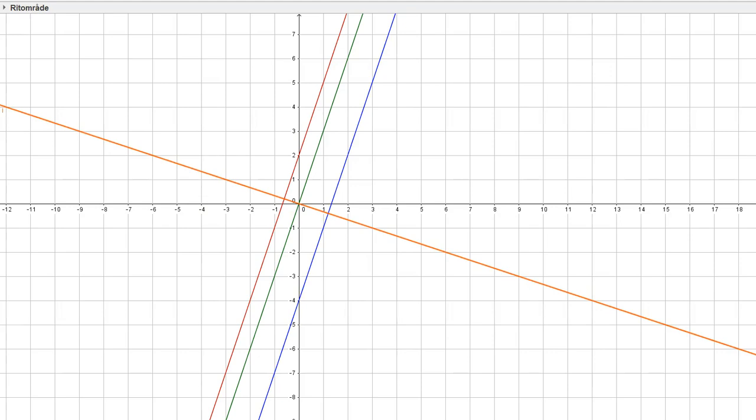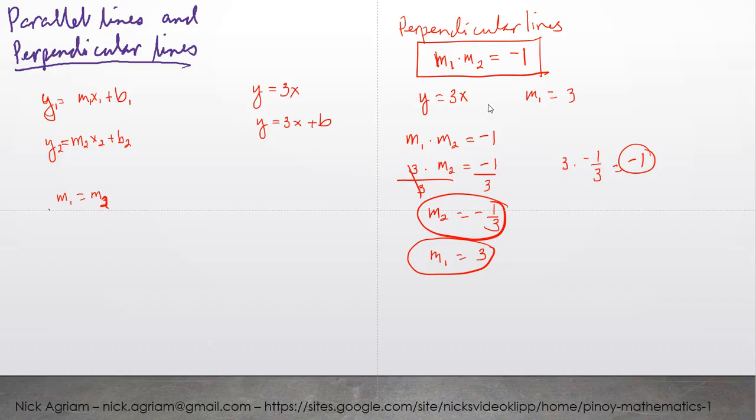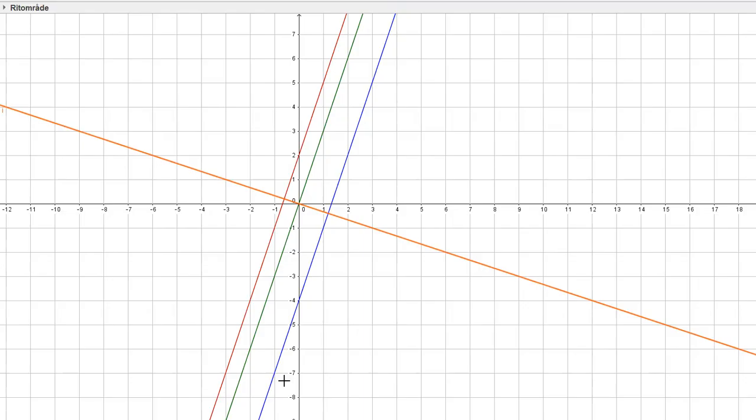As you can see now, it is perpendicular. It is 90 degrees. Sorry, I forgot to mention that when we're talking about perpendicular lines, the lines are at 90 degrees to each other. It is a right angle between the two. There is a 90 degrees there, as you can see.